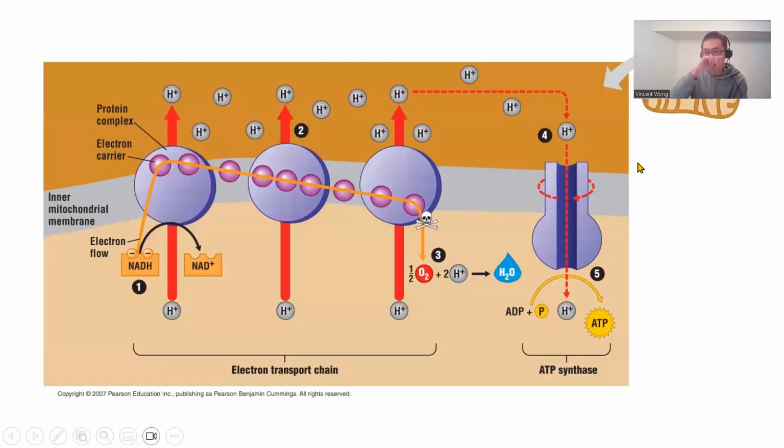So this is the picture we drew. We have, in this case, this is the intermembrane space. And this is the matrix.